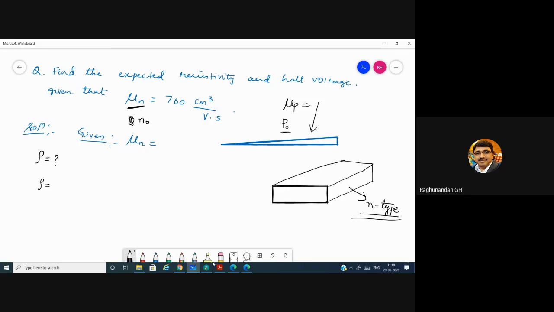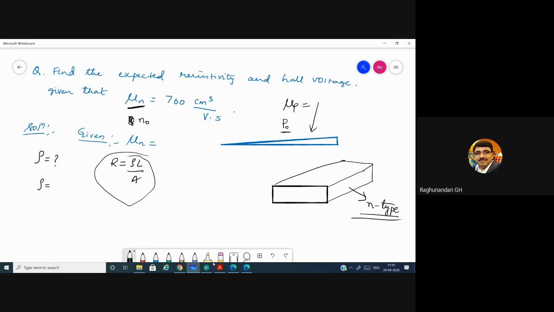One equation which we generally remember is R is equal to rho L by A. But this is not possible because L is not given. So what is R? RH by mu, sir. Mobility. RH by mu.